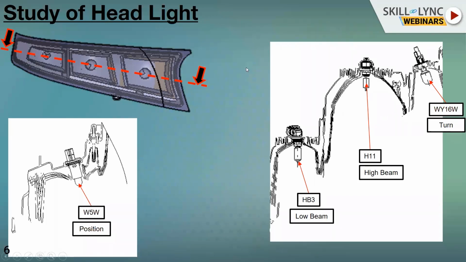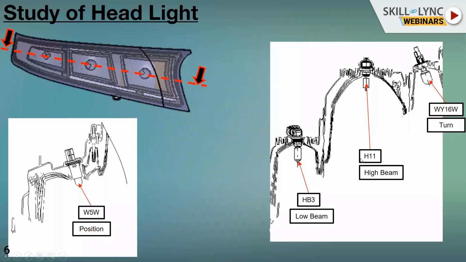We talked about the aiming, the bulbs and the function, and we already talked about the material. This material is PP with the dark finish, and the reflector material could be PC or BMC.